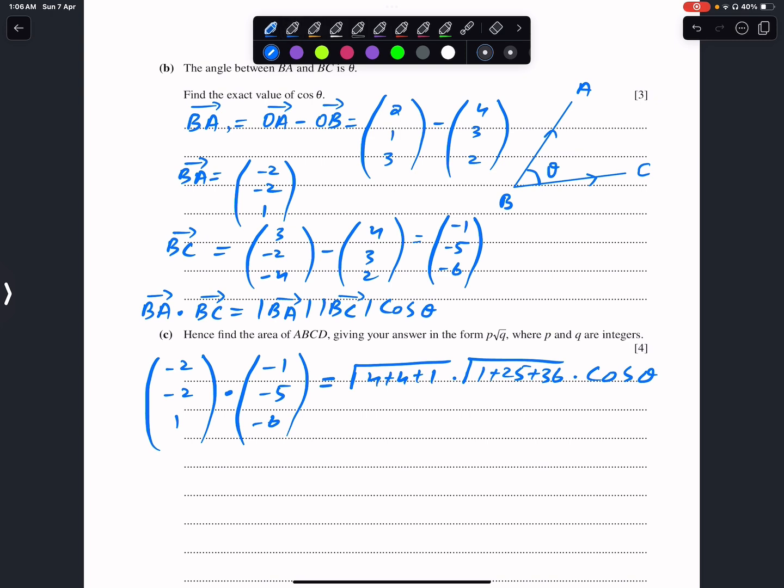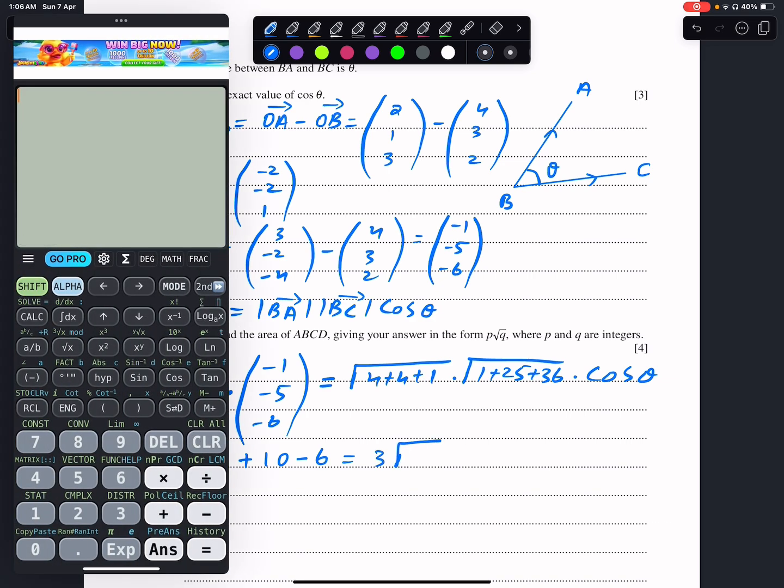The dot product on the left side will be -2 times -1 is 2, plus -2 times -5 is 10, and then -6, equal to root of 9 is 3, and then root of 36 plus 25 plus 1 is 62, times cos of theta.